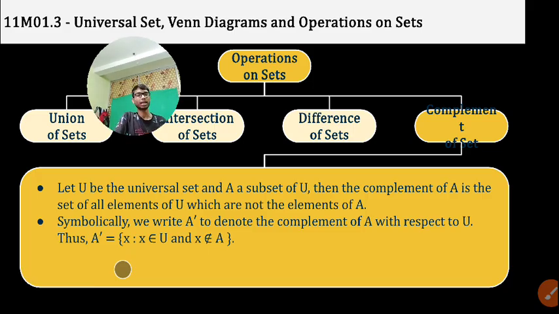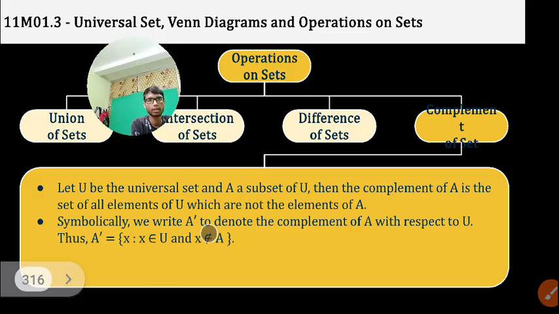Again, just the opposite, you can say. Symbolically we write A with this line to denote the complement of A, just the opposite of A with respect to U, with respect to the universal set.